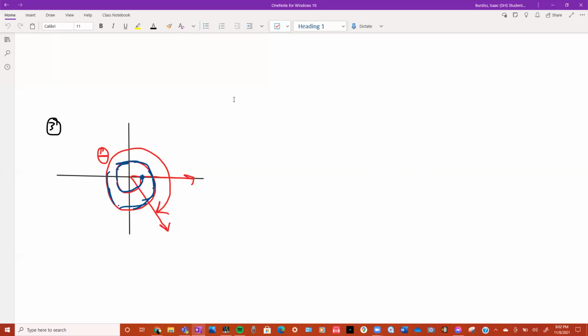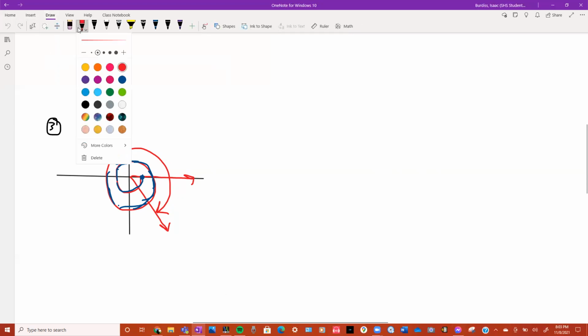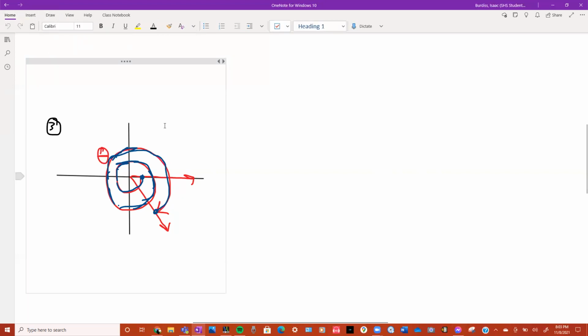It is clockwise, so that's going to be a negative angle measure. Sorry, my iPad's messed up. It's not showing up on my computer, even though I did it on the iPad. So there we go.